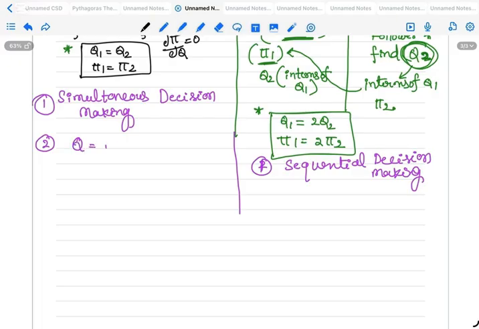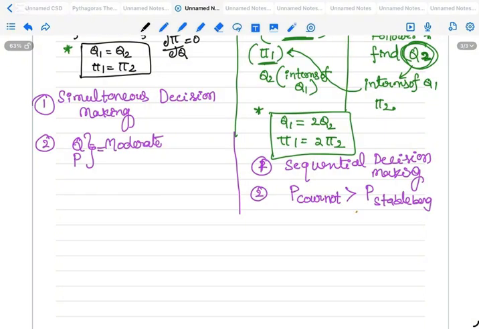Both price and quantity are moderate values in Cournot, rather than the price of Stackelberg. In Stackelberg, price is greater, and in the same way quantity.